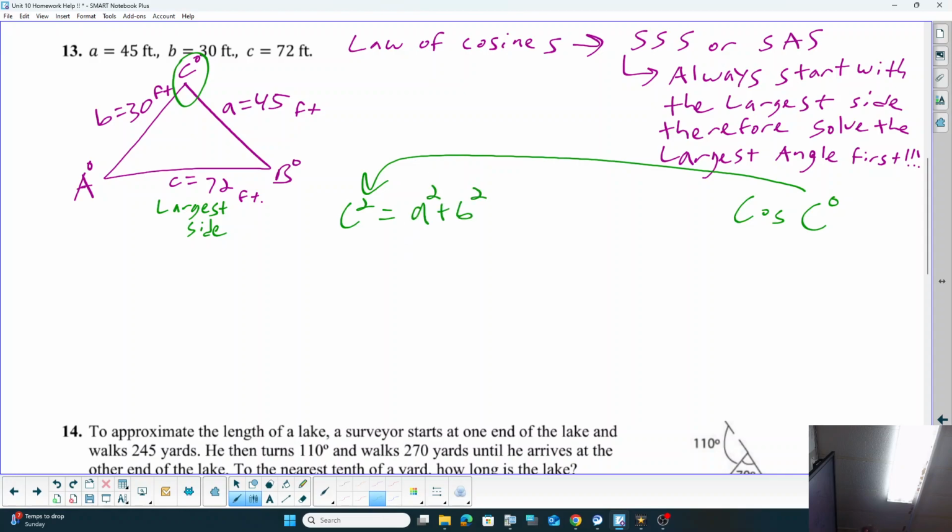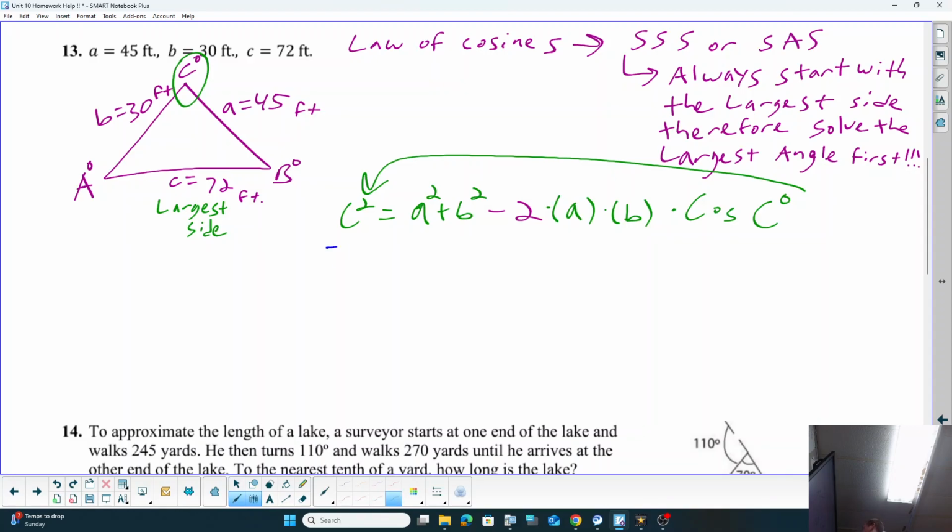Sounds like Pythagorean theorem, but it's not, because then you're going to do a minus 2. And that's part of the formula, it doesn't change. And so that's a minus 2 times the side A and B, and then times cosine of C. And so that's the formula we're going to use, but we're going to be solving for angle C. Okay?